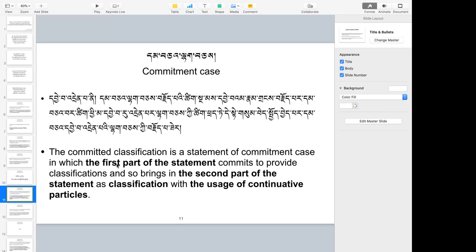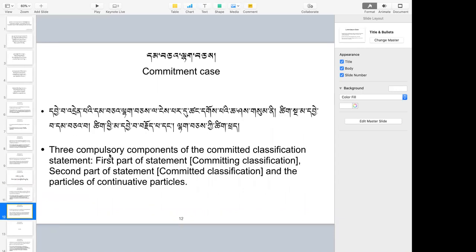The first one interprets as a conjunction between claim and reasoning. In here, it is interpreted as conjunction between the statement that commits to providing classification and the statement that is the committed classification.